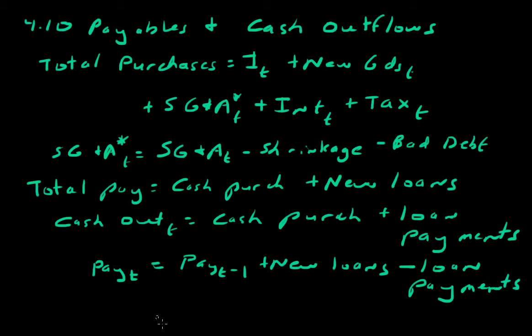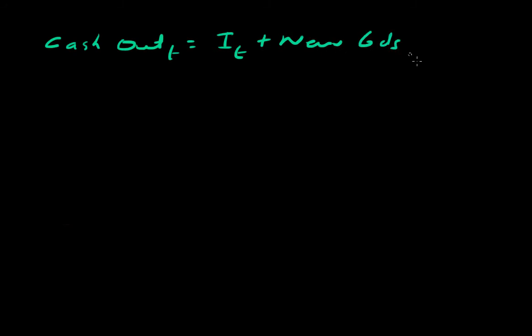Okay, so moving on to the final item, the one that we really care about, which is this cash out. Cash out will equal our investment, our new goods. So these are all cash items.